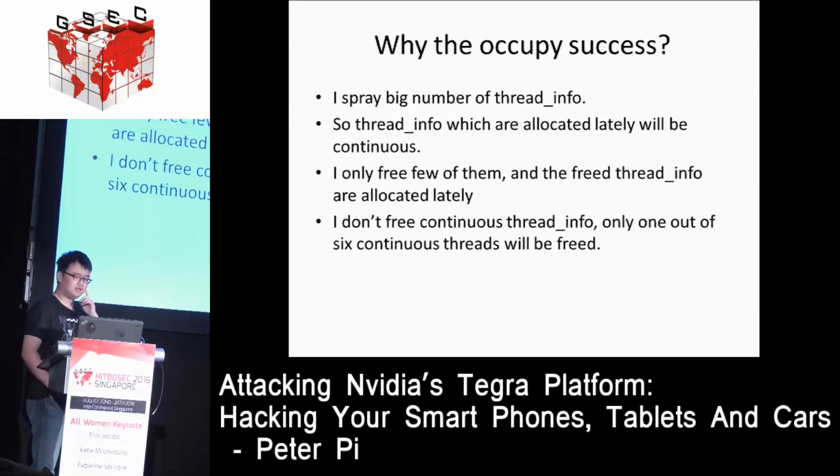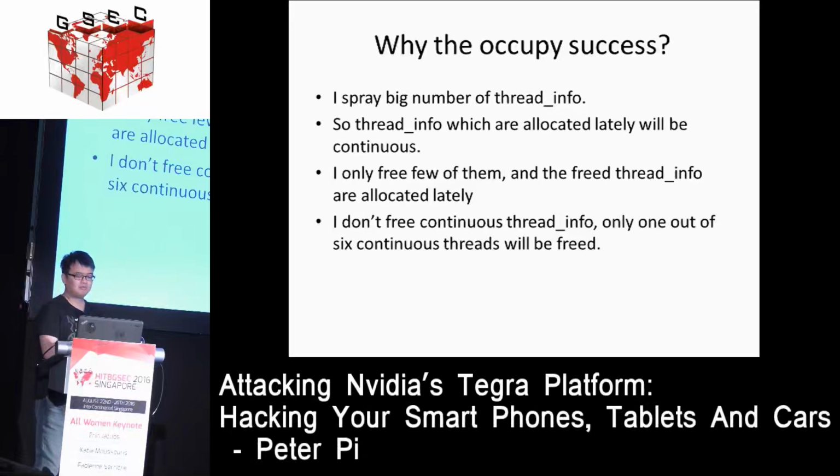How can I assure the occupy succeeds? Firstly, I spray a big number of thread info. Thread info which are allocated very lately will be continuous, because they occupy almost all the heap memory.